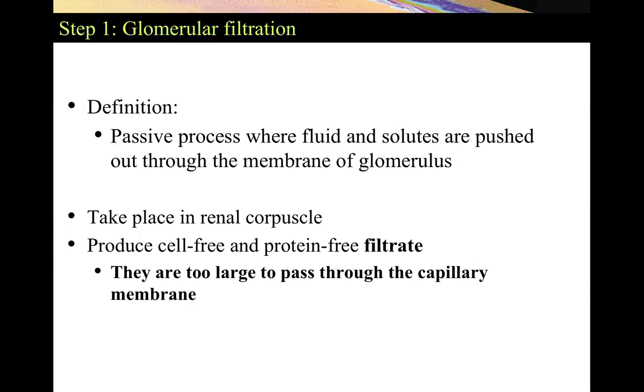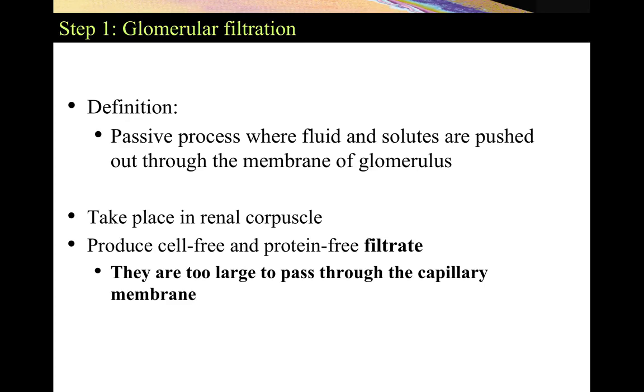So what determines what molecules are going to pass through and what molecules stay behind? The biggest determining factor is the size of these molecules, right? There is no force in the sense of putting energy into this, because this is a passive process. So the only determining factor for what gets filtered is the size of the molecules that are present inside your blood.